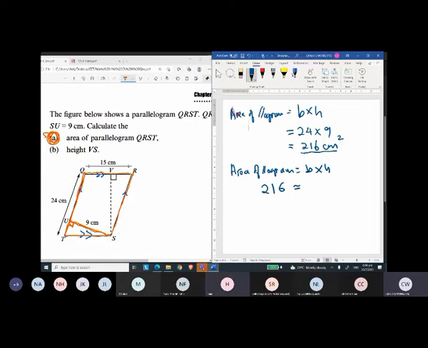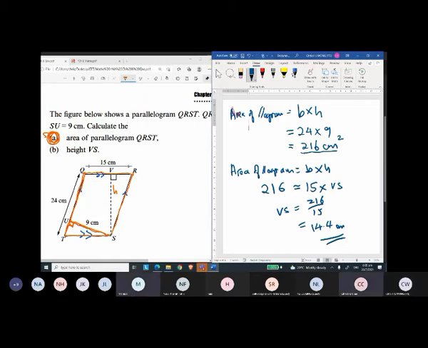Since I want to find VS, which I take as H, I will take the base as 15, so that I can take the height as VS. So VS is equal to 216 divided by 15. What's the answer? 14.4 cm. That's the answer.